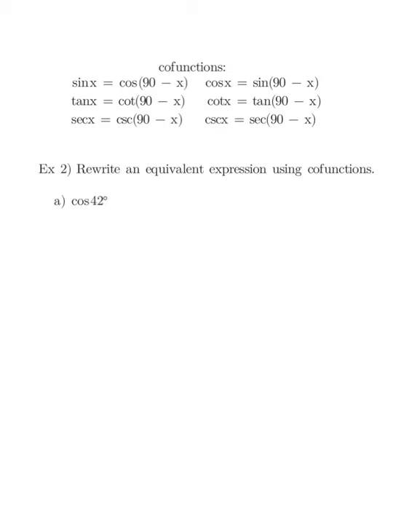When I need to rewrite a function as an equivalent expression using the cofunction, first thing I do is just look at which function it is. It is cosine. Well, cosine goes with sine.